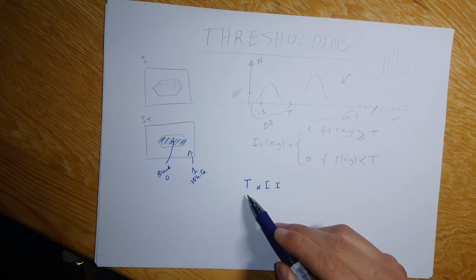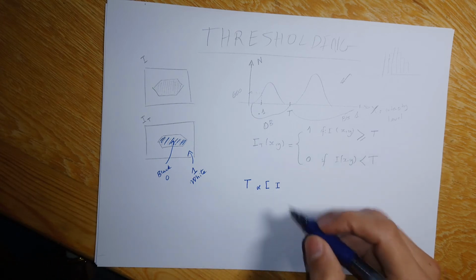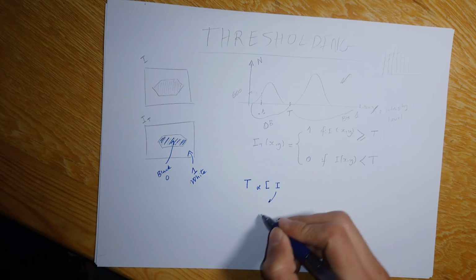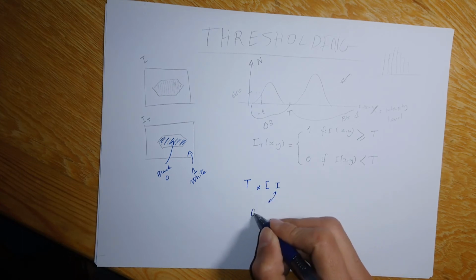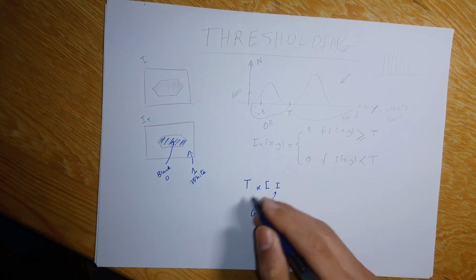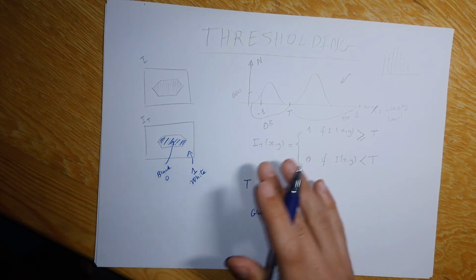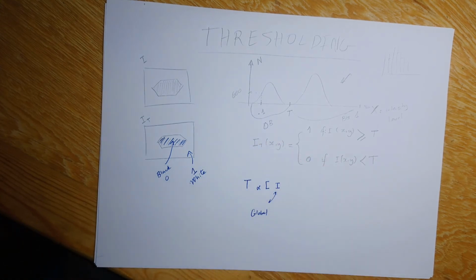And if the threshold depends only upon the image, it is called a global threshold, because we are using that threshold for every pixel in our image. All the pixels in our image are compared to the same value, therefore we say that this threshold is just a global one.